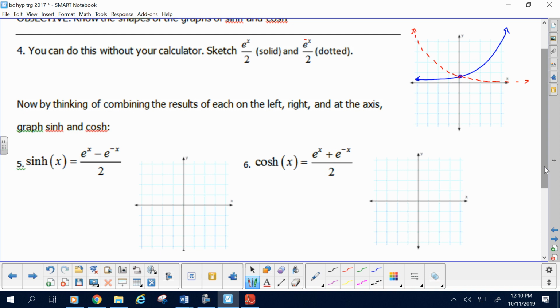So over here, if I take the blue graph minus the red graph, what do I get? Positives or negatives? Negatives. And will the difference be getting bigger and bigger, or smaller and smaller? Bigger and bigger. So it'll be negatives here. And what about at 0? They're both 1/2. So 1/2 minus 1/2 is 0.